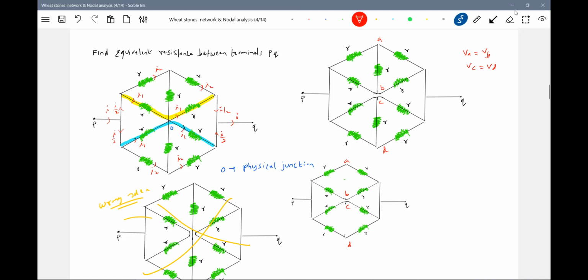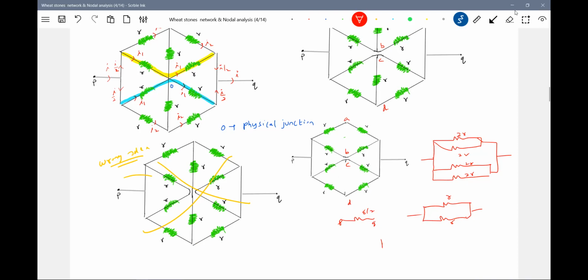The effective resistance, if I solve it, this is 2R, 2R, 2R, 2R, then 2R parallel to R. So the further effective resistance will become R/2. So what is the resistance across the terminals? RPQ equals R/2.